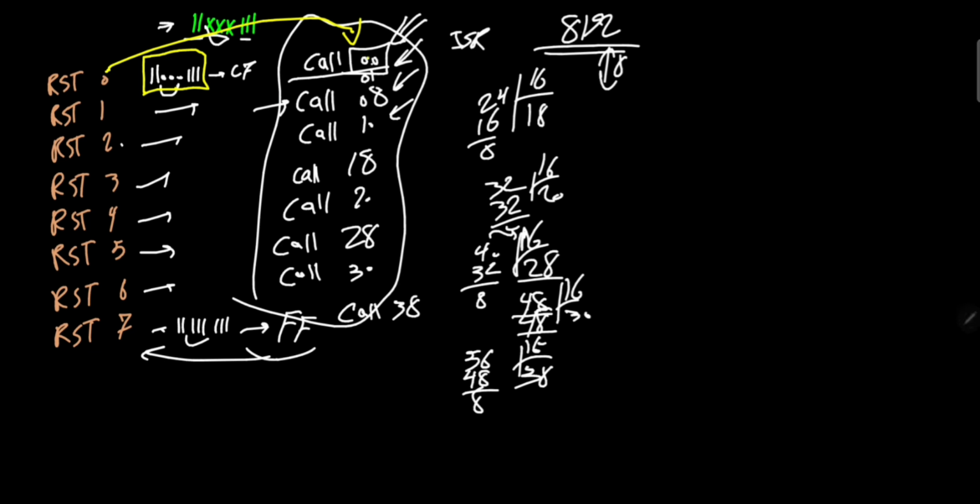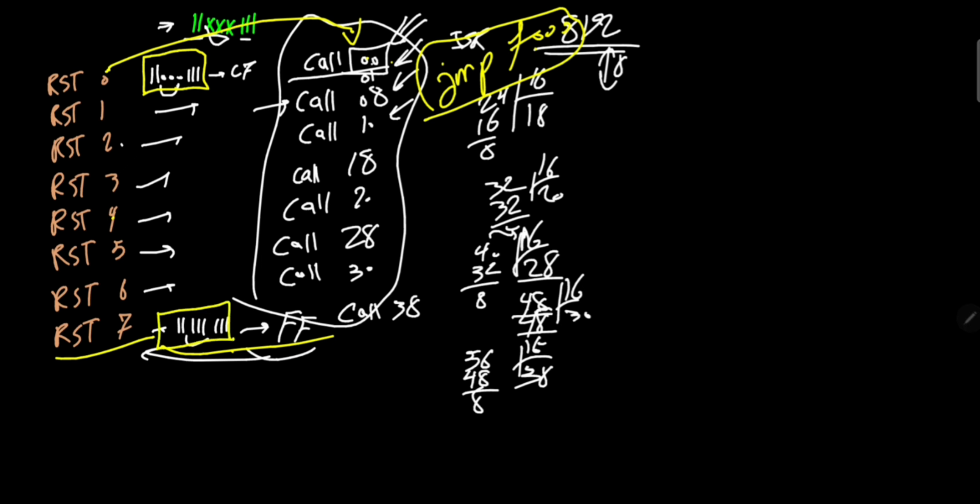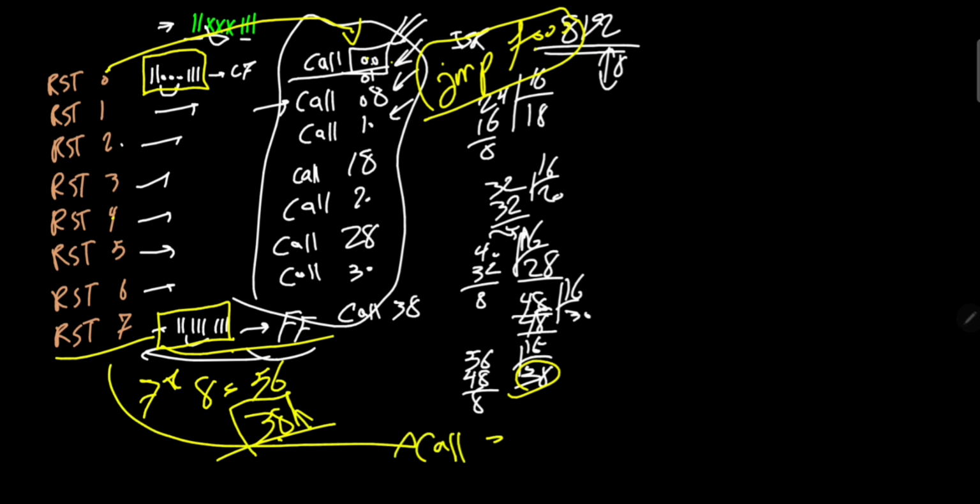Now, at 0, the programmer might have written a jump instruction to an address like F000, and the CPU would again jump to this location. Or another example, RST7 means FF in hex. If this value is brought inside the IR, the CPU says 7 times 8 is equal to 56. 56 is 38 in hex, which means that the CPU would push whatever value is in the PC register onto the stack and would jump to this location, which is equal to call 38 as well.